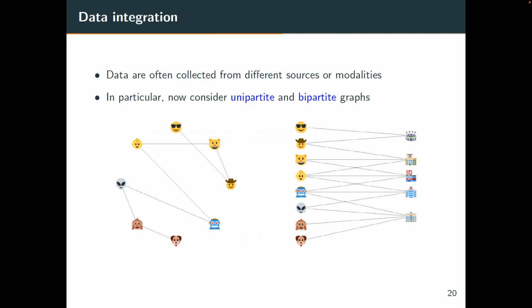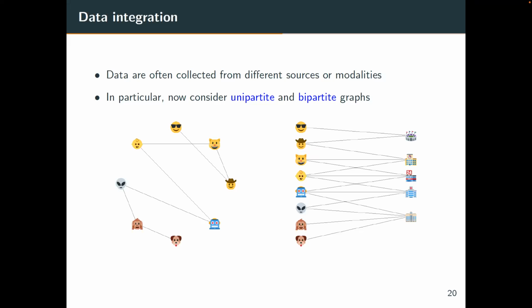Okay, so for the second part, I'm just going to show you a little bit quickly how to solve this other problem. So now, instead of considering two unipartite networks, let's suppose that one of the networks is bipartite.